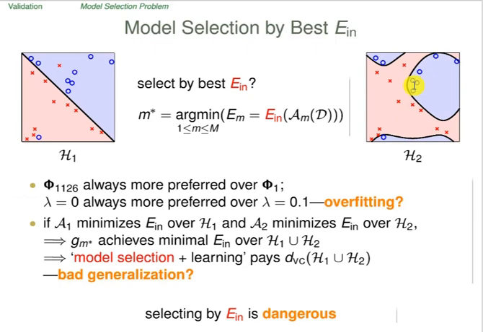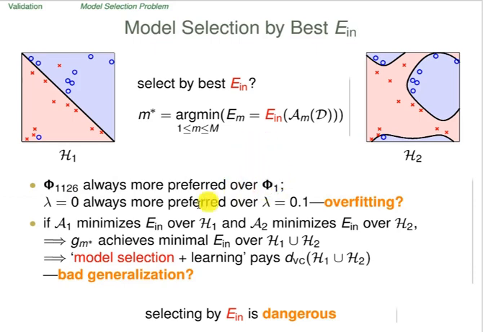But we should also remember that we potentially run into the problem of overfitting if we consider only in-sample performance, since a model with more complexity will be chosen each time that minimizes in-sample error. For example, a polynomial of order 1126 would always be preferred over a simple polynomial, a linear function.